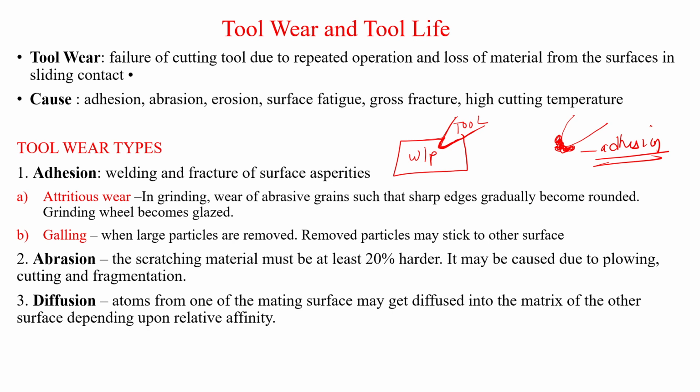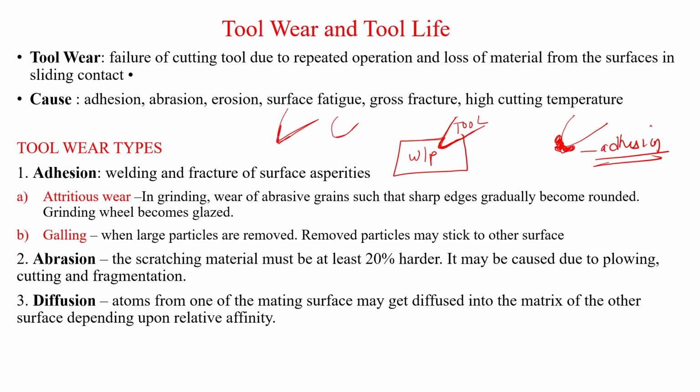In adhesion we have two types: one is adhesive wear and one is galling wear. So what is adhesive wear? The tool has a sharp edge, right? Because of adhesive wear, the tool's sharp edge becomes round.